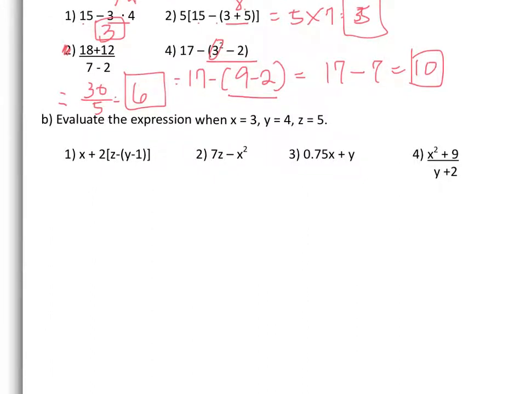Okay, and in part B, you need to evaluate the expression when you're given the values when x equals 3, y equals 4, and z equals 5.